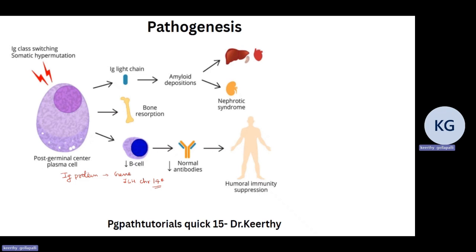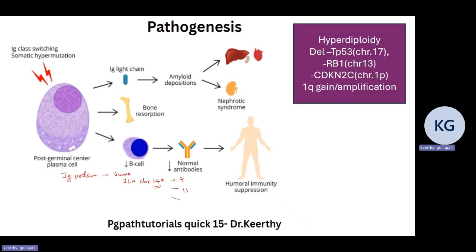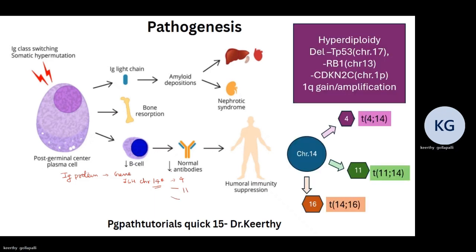It gets an advantage of growth and survival due to translocation of chromosome 14 with chromosome 4, 11, and 16. So these are the three translocations which will happen with your chromosome number 14, which will secrete your immunoglobulin, right? And it will get the additional benefits of getting mutated, excessive proliferation.